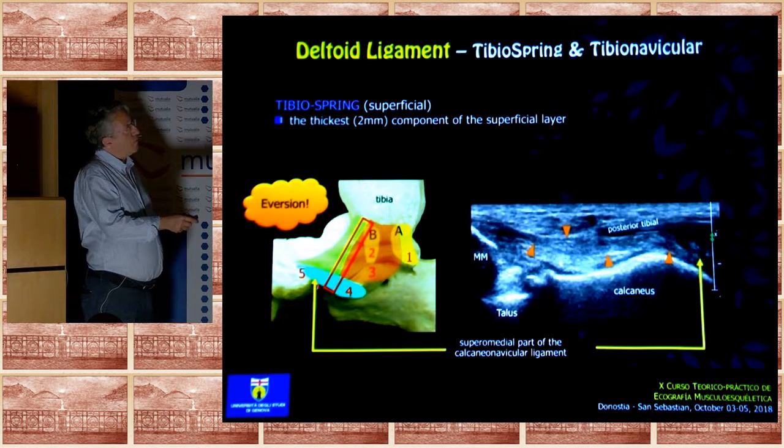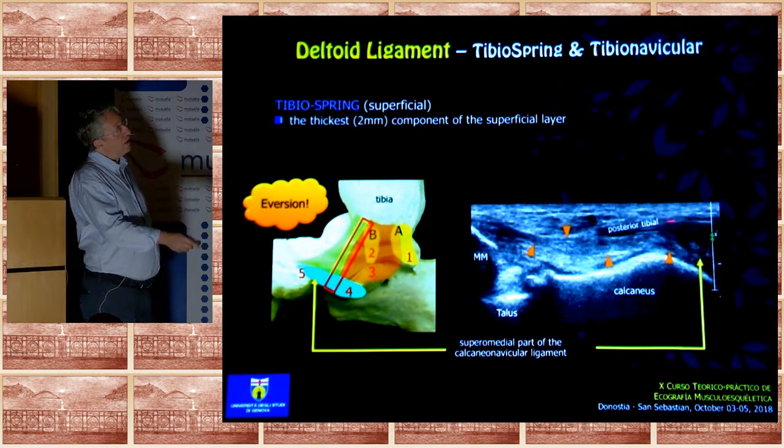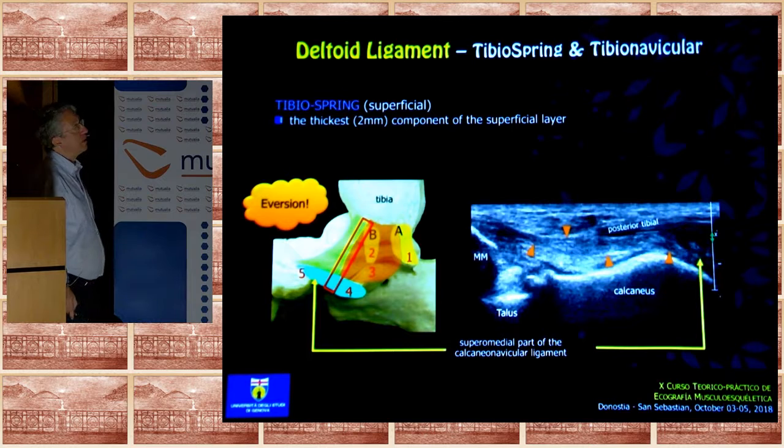And if you go even more anteriorly, you can see the continuity of the same tibiocalcaneal with the tibiospring. And the tibiospring is this one. You see the ligament joining the medial malleolus, then continuing into a ligament. It doesn't attach into bone. It is superficial to bone, and this is the spring. This is again the posterior tibial tendon.